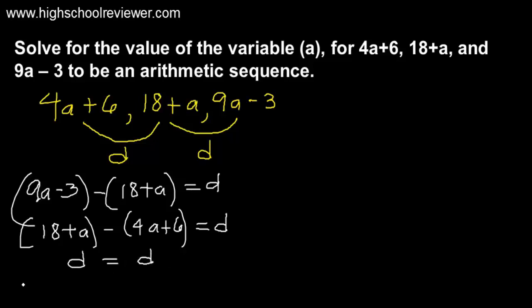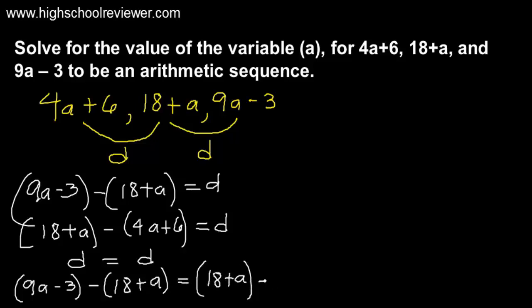Okay, so let's substitute here the values of D. So we have 9a minus 3 minus 18 plus a. This is also equal to 18 plus a minus 4a plus 6. Okay, so let's continue. 9a minus 3.